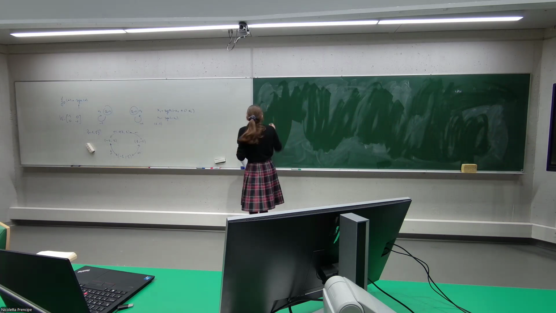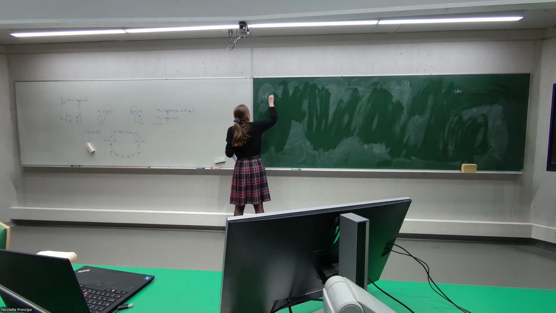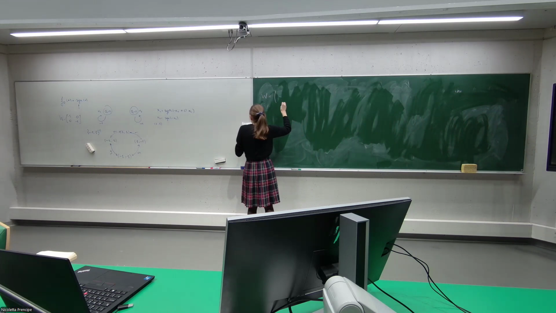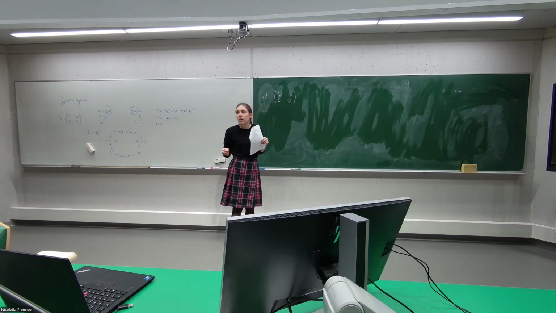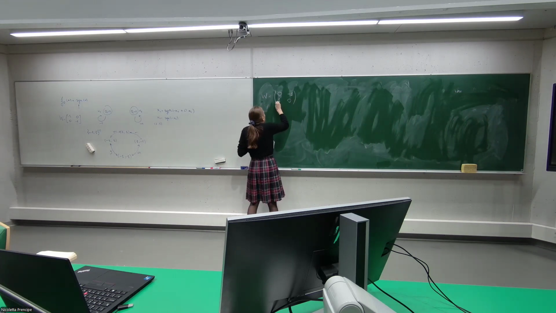So let's drop symmetry. W is now, I don't know if some of you ever did Hamiltonian mechanics, but this is the symplectic identity, the J.